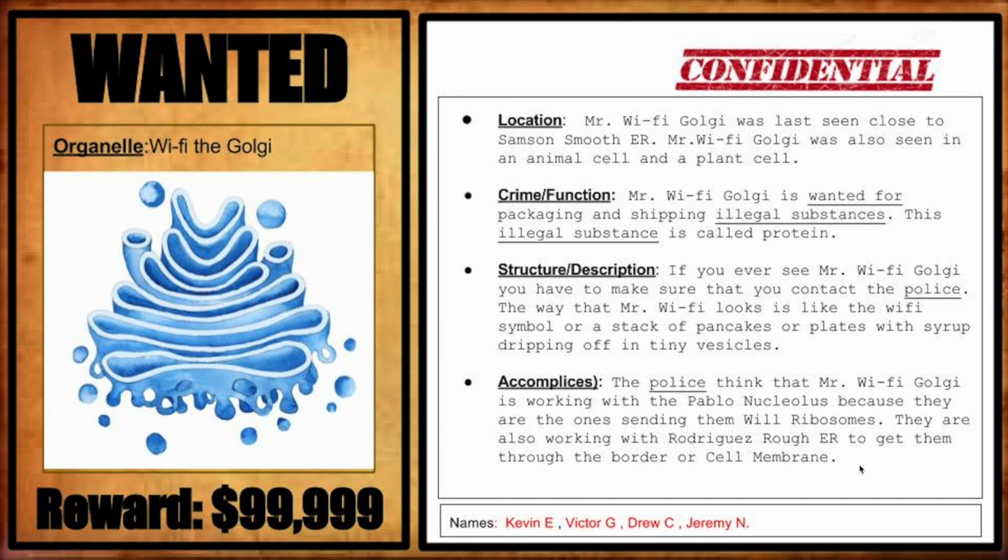Again, they took all of the organelles, they gave them names, Will Ribosome, Pablo Nucleus, very creative. And then they told how they are helping, or accompanying, the Golgi apparatus, what they do to help them. All right, so that's how you're going to kind of organize your wanted posters in PowerPoint.